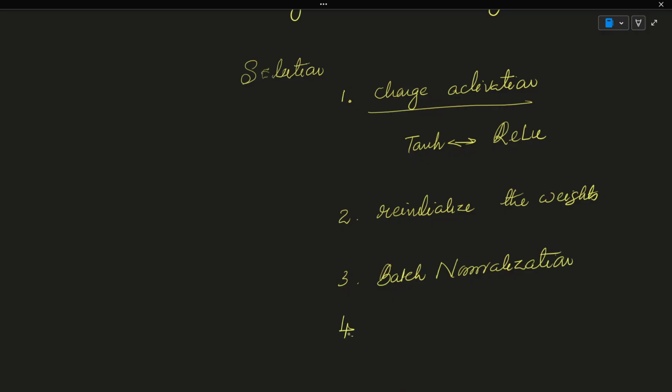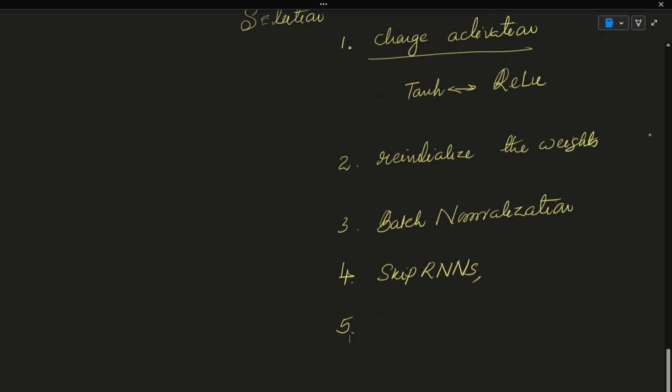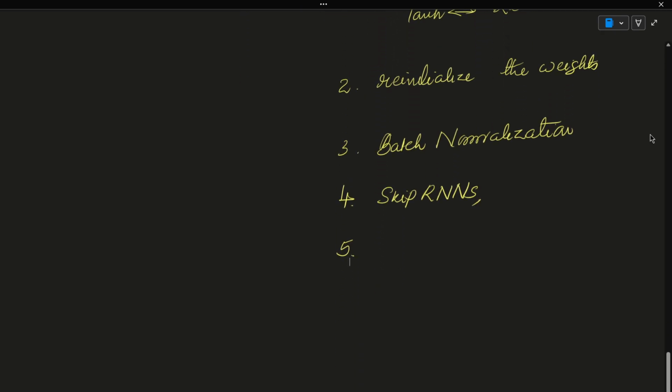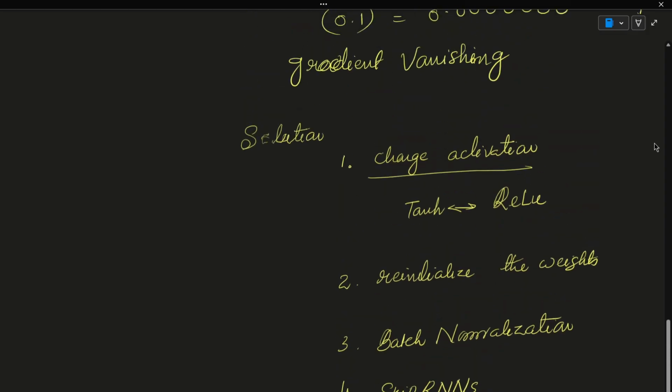Then we can also change architectural aspects and go for skip RNN, which we will discuss later. Then fifthly, we can use alternative architectures like LSTM or GRU, gated recurrent units, which we'll discuss in the next class.